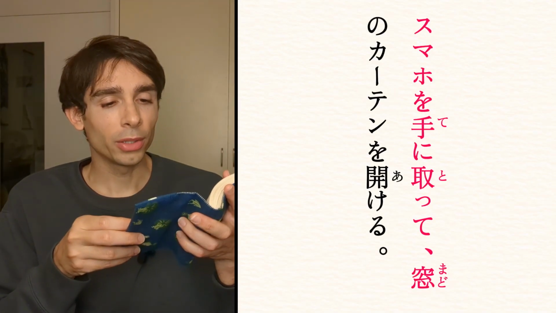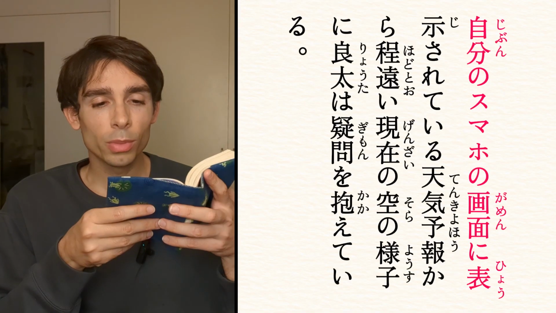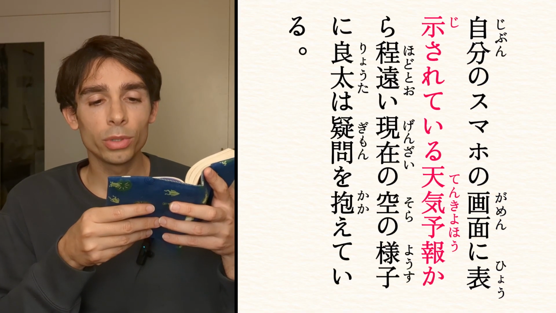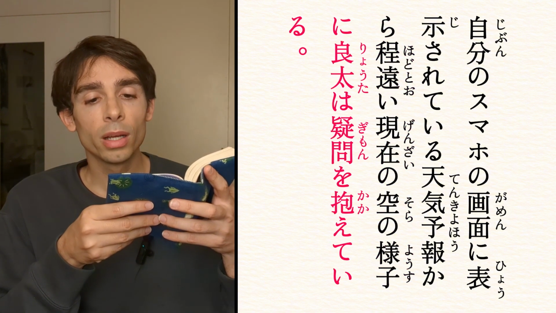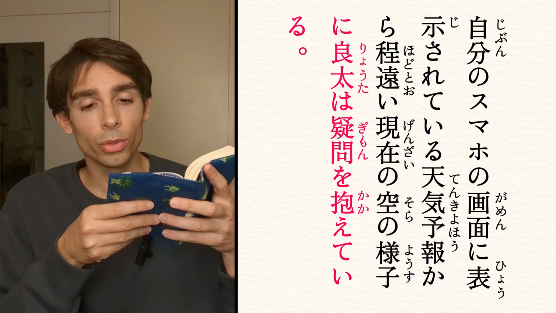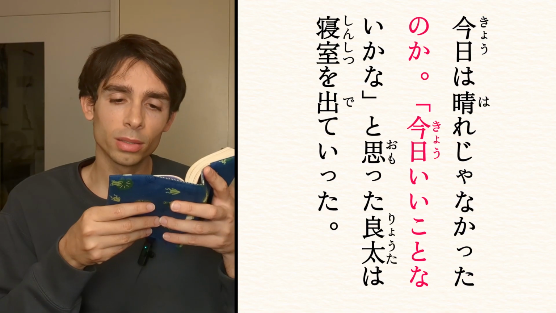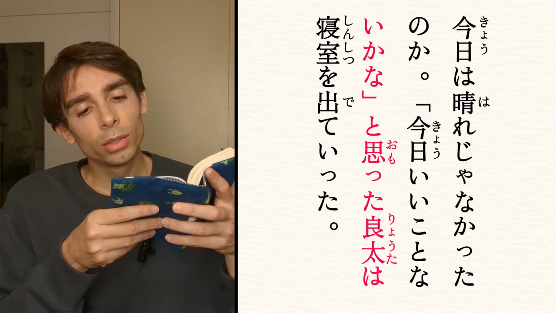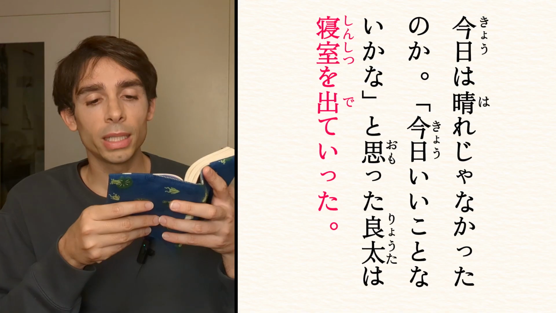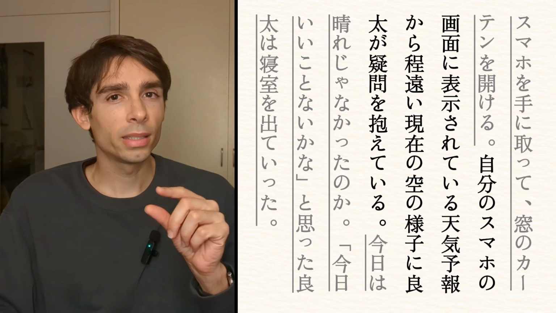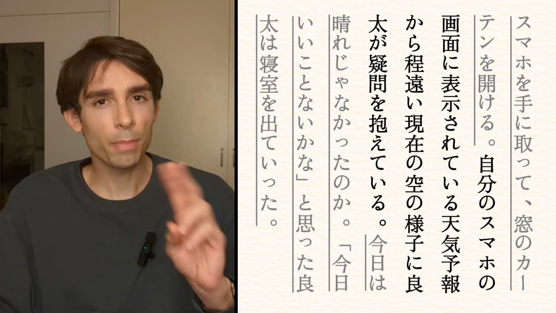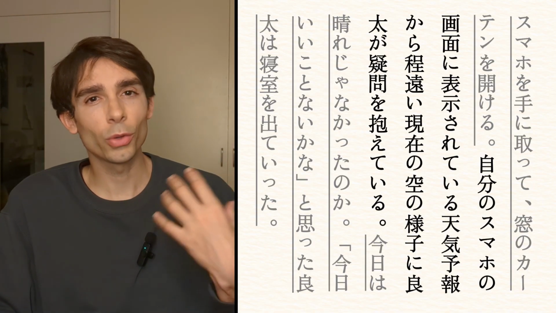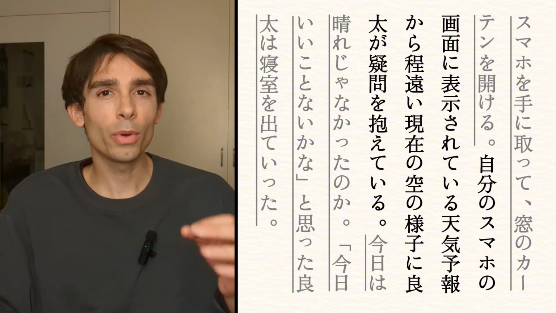And here we go. スマホを手に取って窓のカーテンを開ける。自分のスマホの画面に表示されている天気予報から程遠い現在の空の様子に、良太は疑問を抱えている。今日は晴れじゃなかったのか。今日はいいことないかな。と思った良太は寝室を出ていた。Well, the other sentences between the one that I'm going to be focusing on here follow the same pattern that we discussed before, so feel free to analyze them on your own.